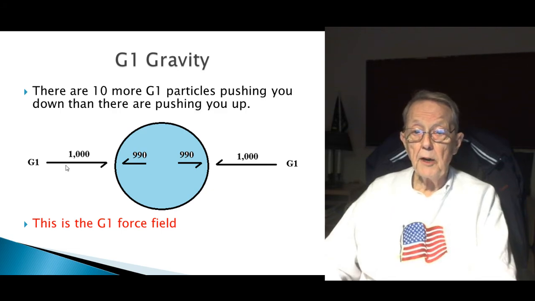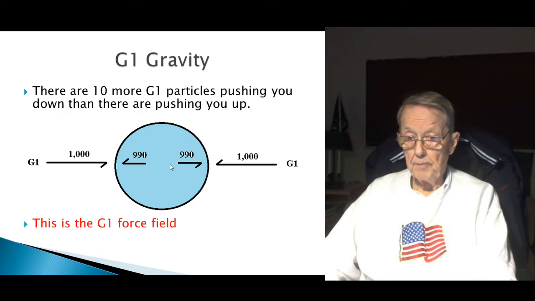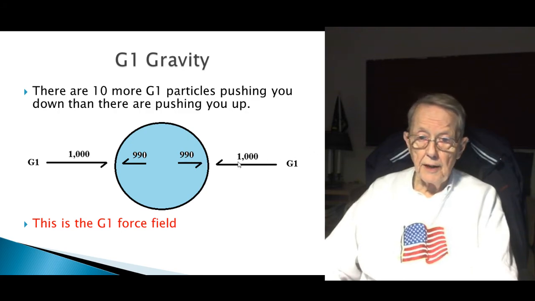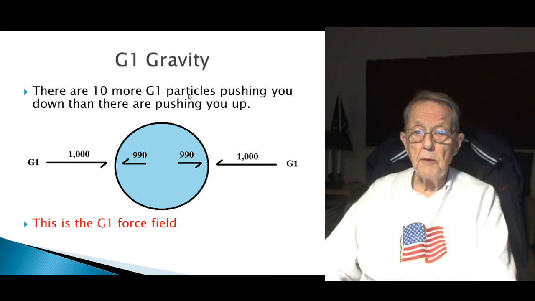What I'm saying here, these are fictitious numbers, is that 10 of them hit the Earth and push the Earth, causing 990 to be moving up in this direction while there's 1,000 moving down. So there are 10 more G1 particles pushing you down than there are pushing you up. And that is the G1 force field.